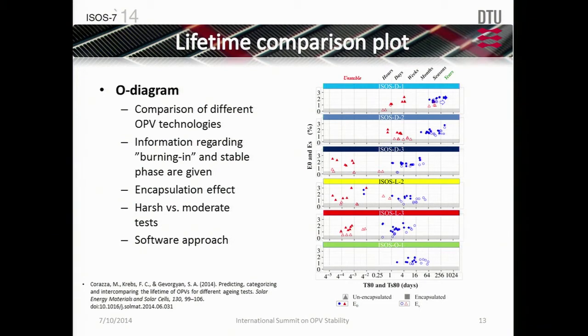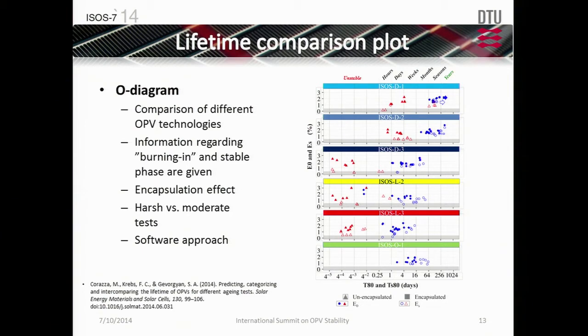This was also done using a software approach, so the data points are generated in a semi-automatic way. We have on the x-axis a time scale, given in days, and I'm using a logarithmic scale in base 4, which helps relate these values with time units such as hours, days, weeks, months, seasons, and years.